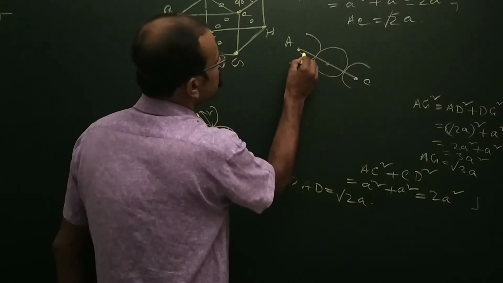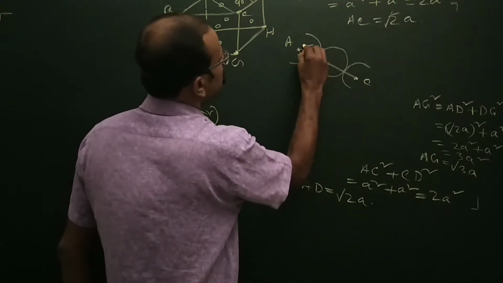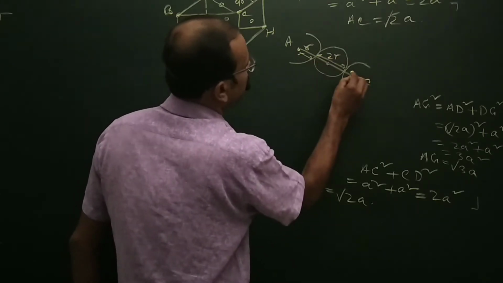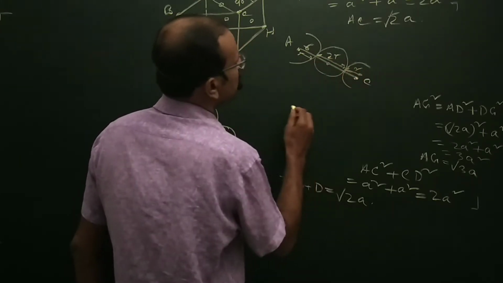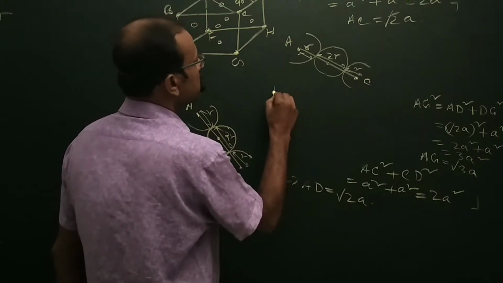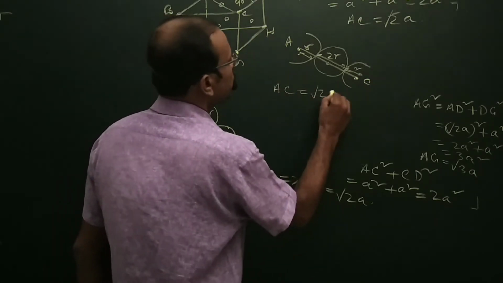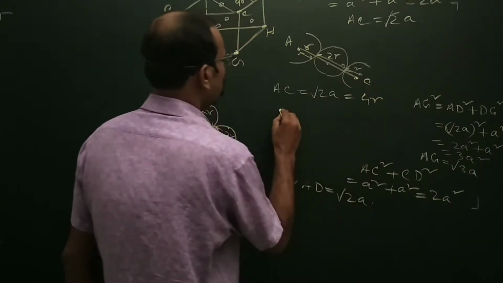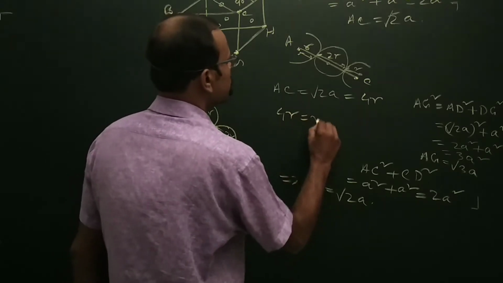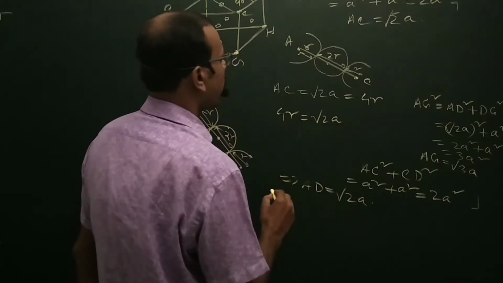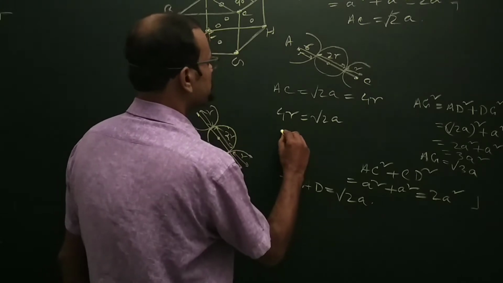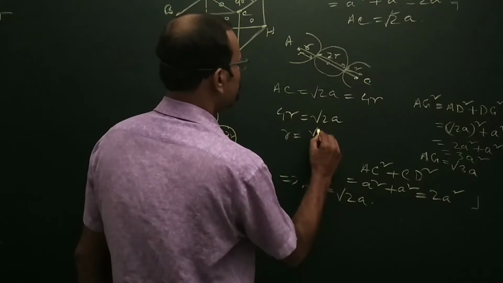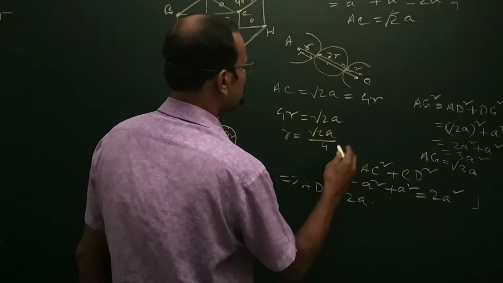So this length is r, radius, and this is the whole diameter of the particle, 2r, and this is r again. So we find that AC, which equals root 2 a, equals 4r, or 4r equals root 2 a, which gives r equals root 2 a by 4.